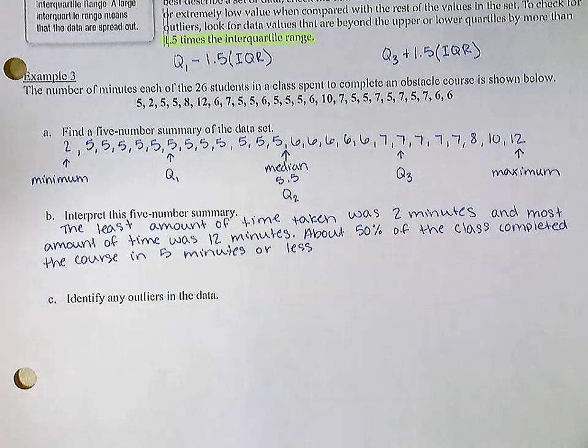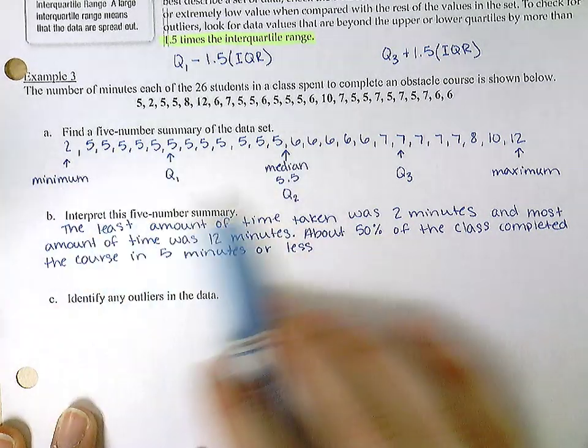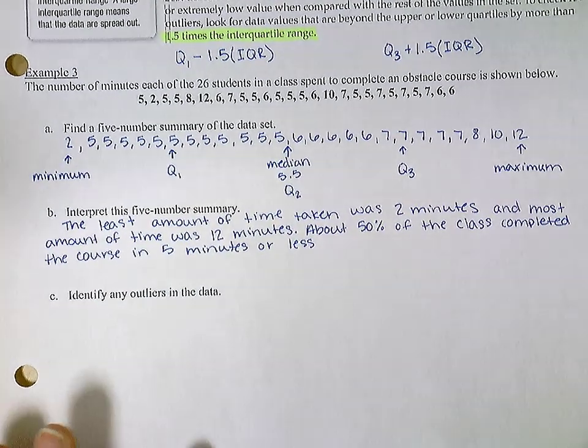So I was just using quartile 2 or that median. From that median, you can say about 50%, which is this lower half, finished the course in 5 minutes or less.